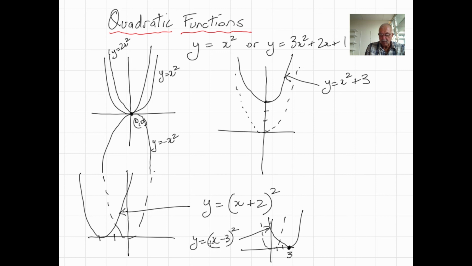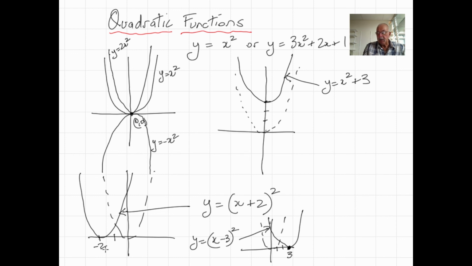So if this is 0, y is equal to 0, and the only value of x there that'll make this bracket equal to 0 is x equals 3. So that must be where that is. If we go back up to this one here, and we're not too sure, what value of x will make this whole bracket equal to 0? And the only value of x is -2. So therefore that is going to be down here at -2.